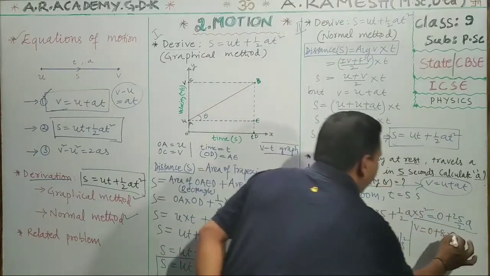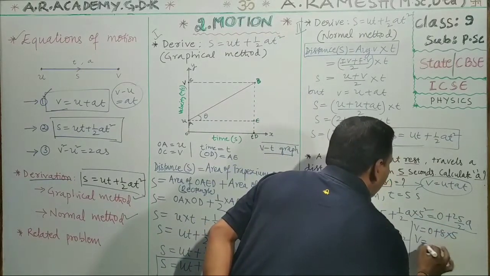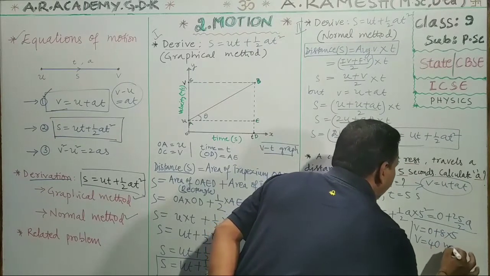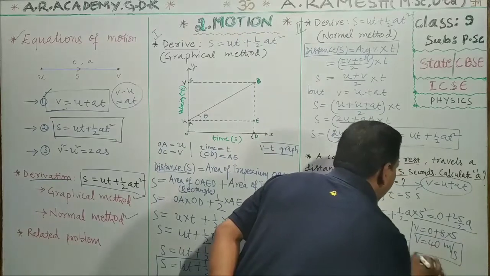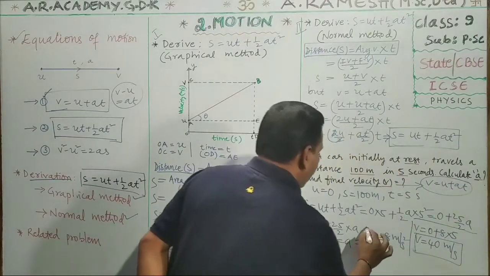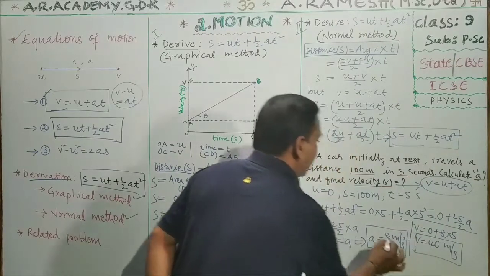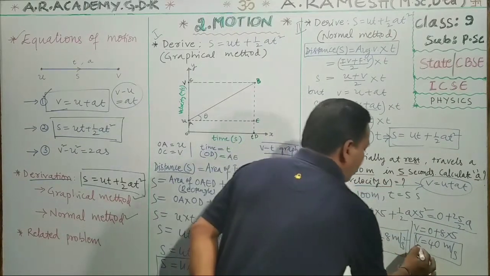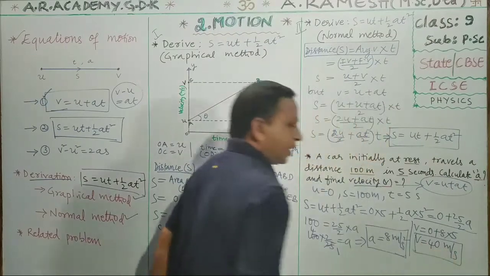Time, how much given? 5. So v equal to 8 fives are 40 meter per second. Final velocity we got. He asked to find out acceleration, how much we got? 8 meter per second square. Final velocity asked to find, how much we got? v equal to 40 meter per second.